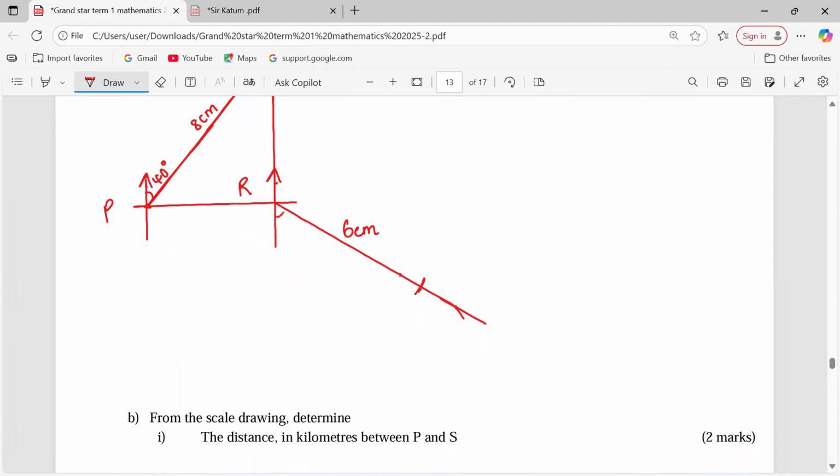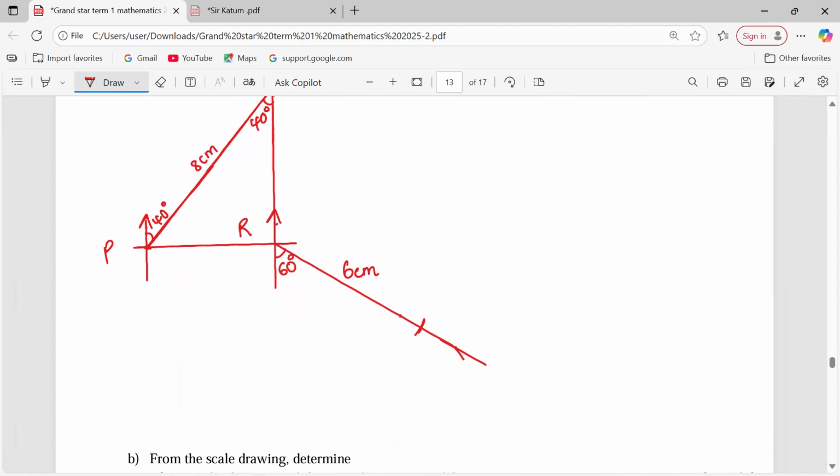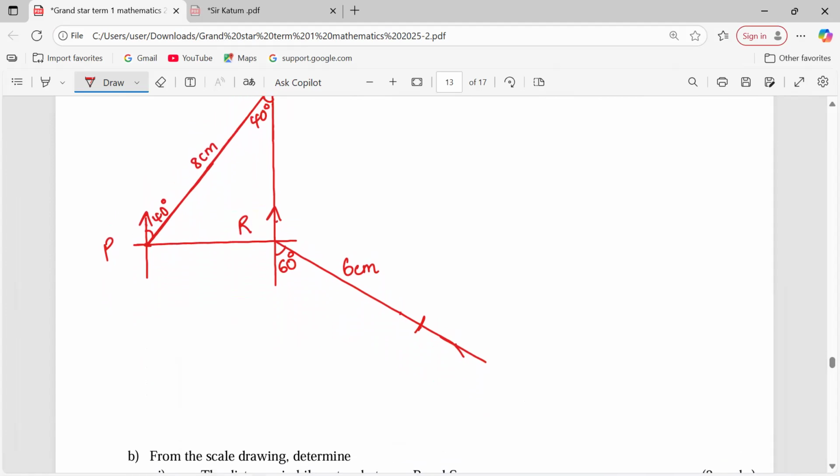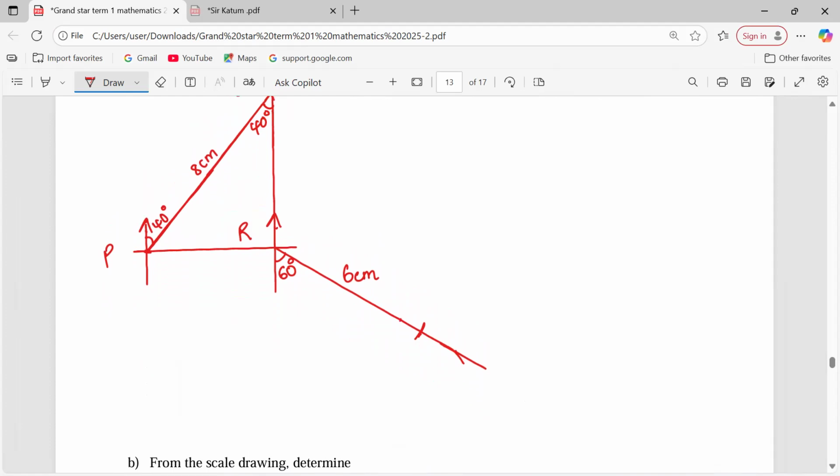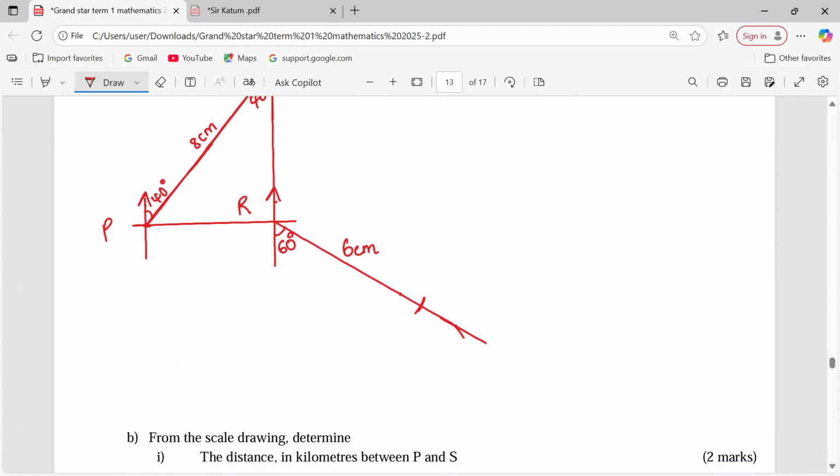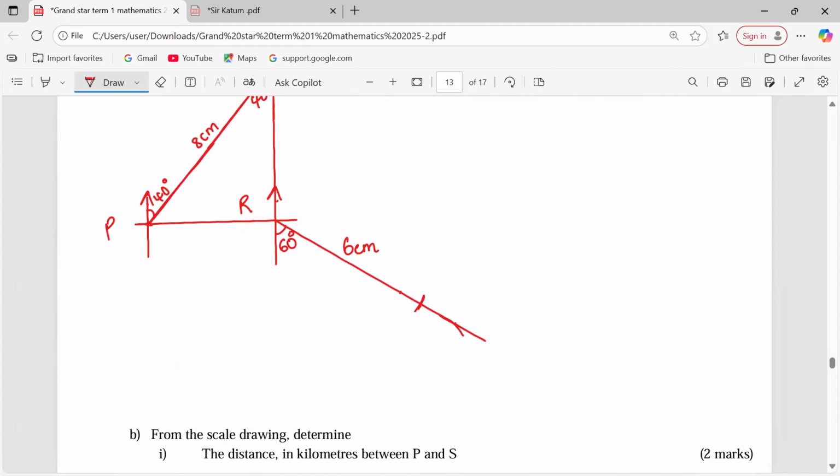Because to measure 120 we left 60 at this point, we can have 60 on the other side. 60 on the other side enables us to raise a very perpendicular north. So this becomes our point S that way.